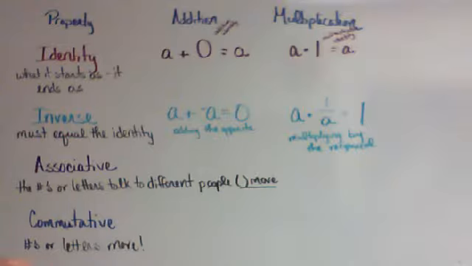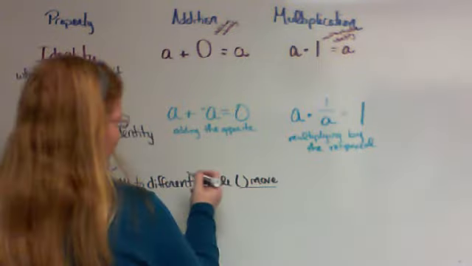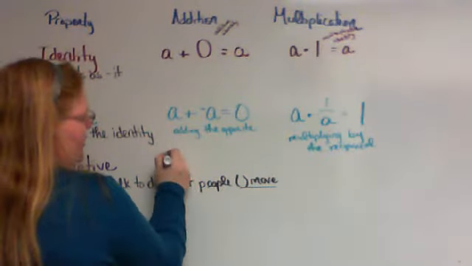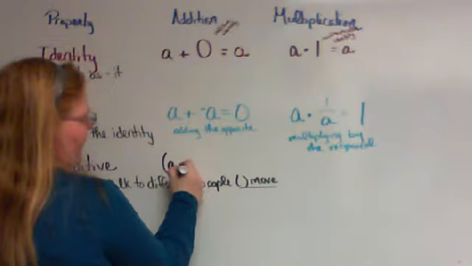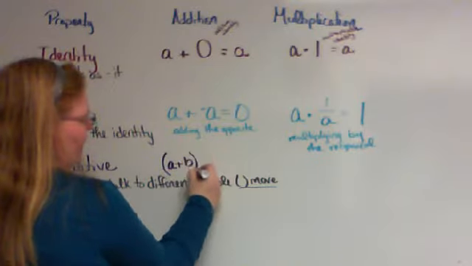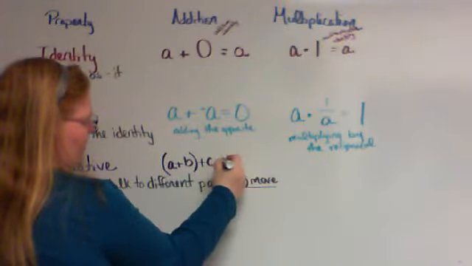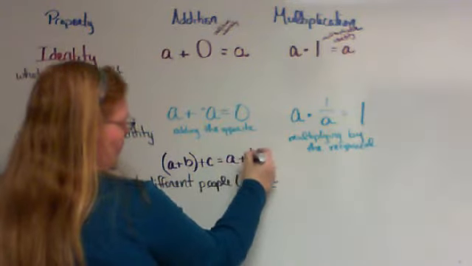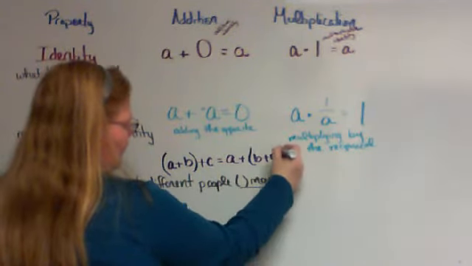When we're talking about the associative property, the associative property means that your parentheses are going to move. Who you associate with changes. So in the first side, I have (A plus B) plus C is equal to A plus (B plus C).